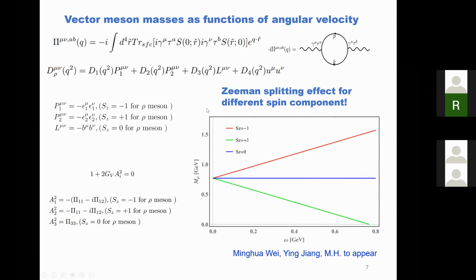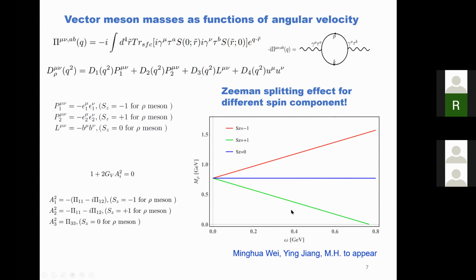Very explicitly, I will show the Zeeman splitting effect for different spin components of the rho mesons. We see that for the spin component S_z equal to 1, this vector meson mass decreases linearly to 0.